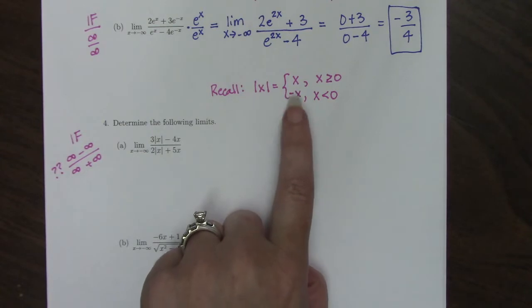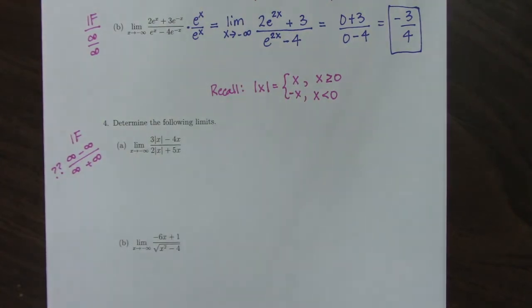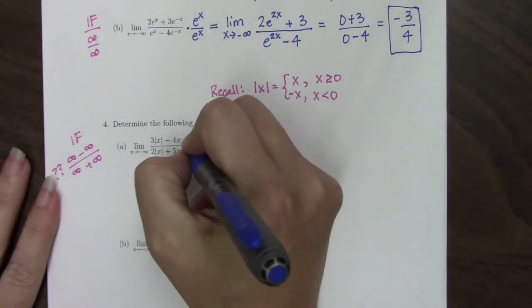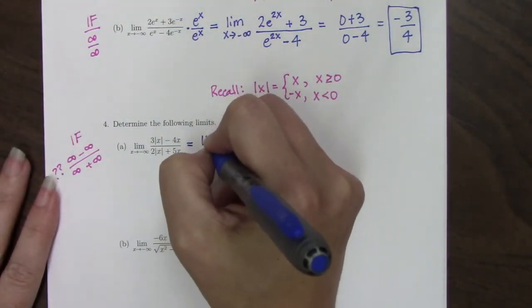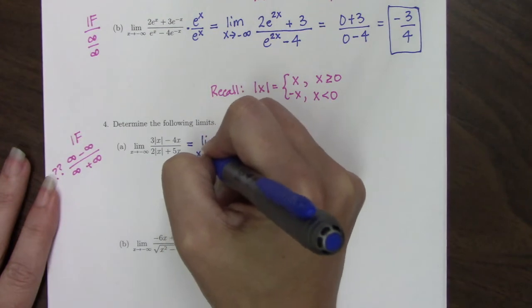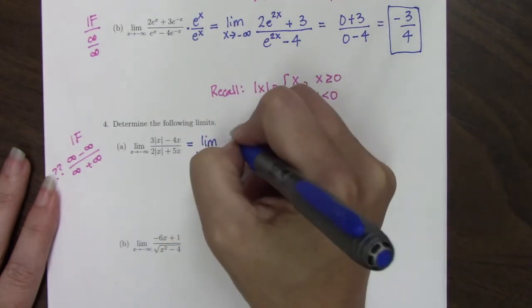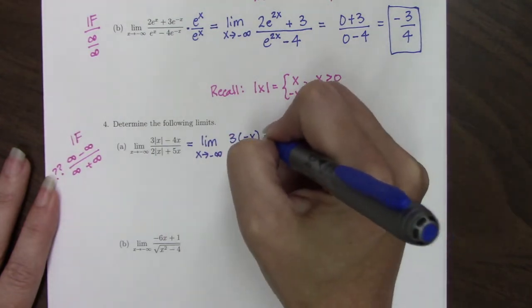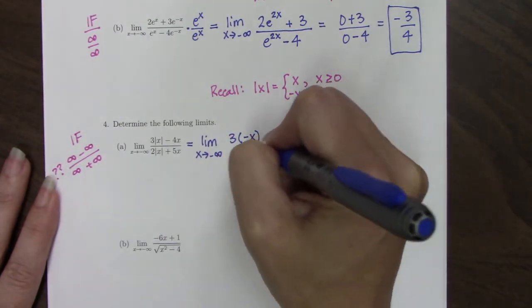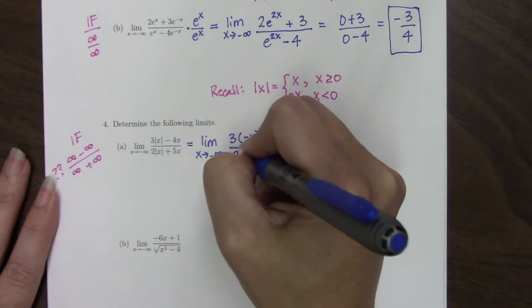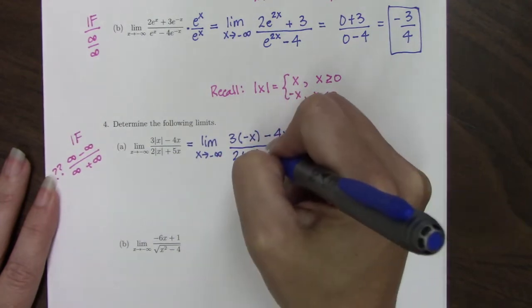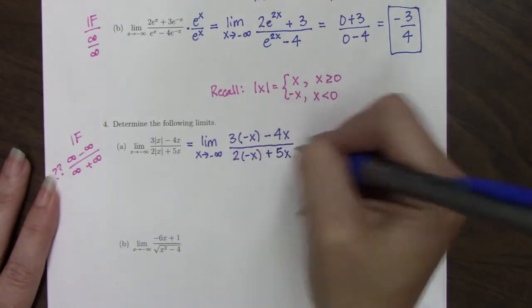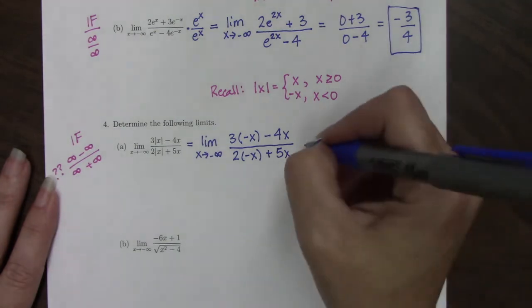So every absolute value we see will behave like negative x. That means I can rewrite this limit and replace every absolute value of x that I have with negative x. Notice that the 4x and the 5x, that was just x by itself, so you leave it alone.